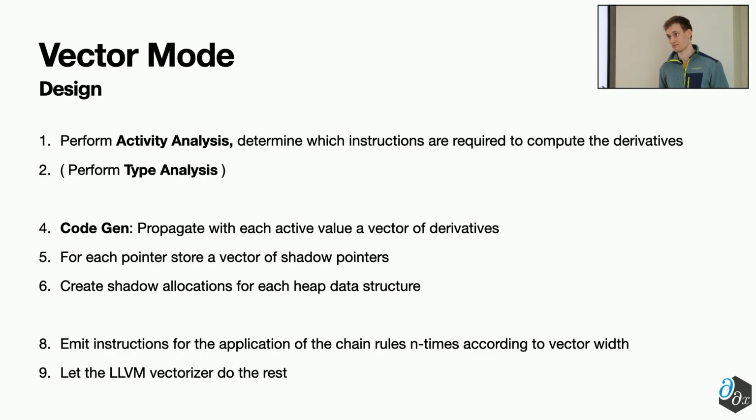The way we vectorize a function is we emit a bunch of scalar instructions, and we then rely on the LLVM vectorizer to do the rest for us. That would be the SLP vectorizer doing the heavy lifting. We've also looked into other approaches where we would emit loops or even emit LLVM vector instructions. But this one is the most stable as of now, and that's what we currently use.